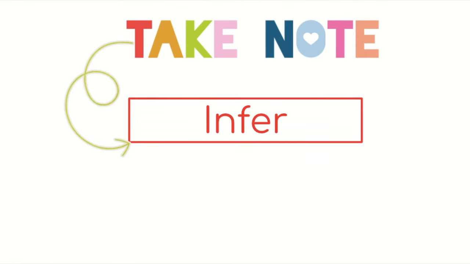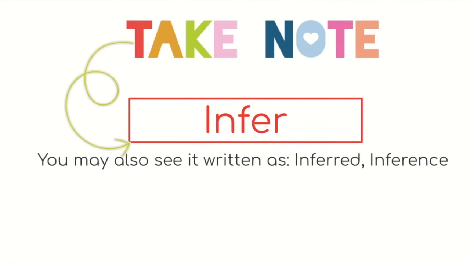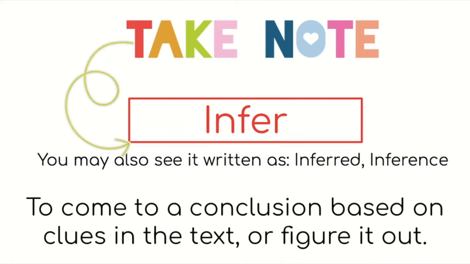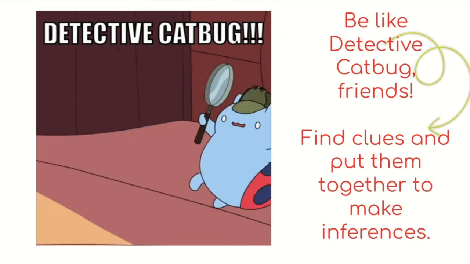All right, first, infer. You might also see it written as inferred or inference. They have that same root word, so it all means the same. And that is to come to a conclusion based on clues in the text. That's a lot of C's. Or basically, you're going to figure it out based on the clues the author gives you.